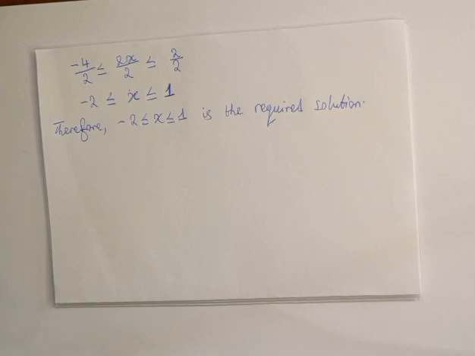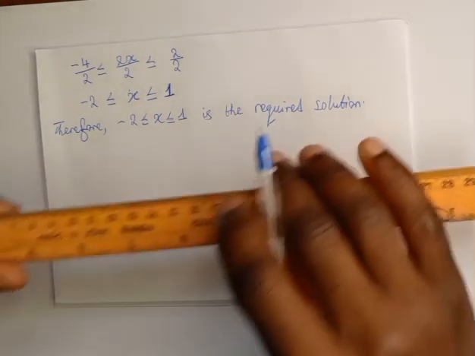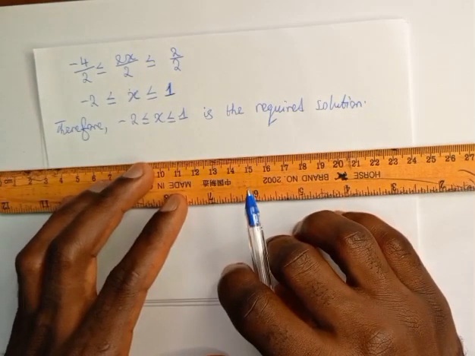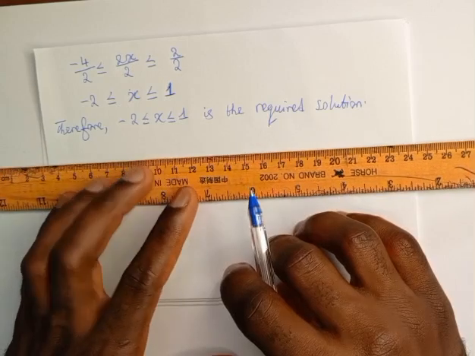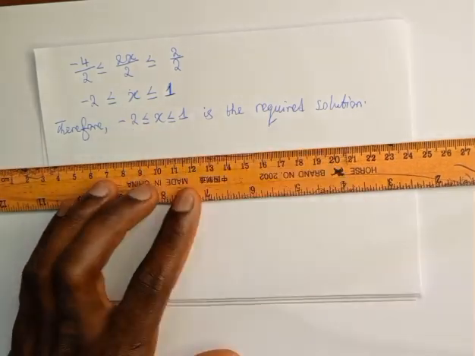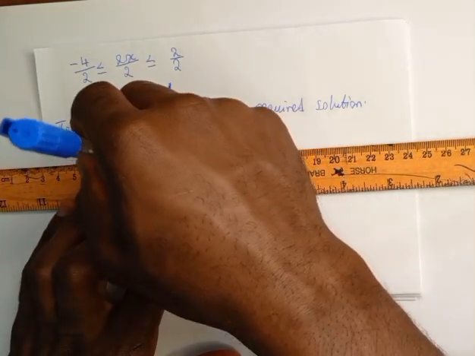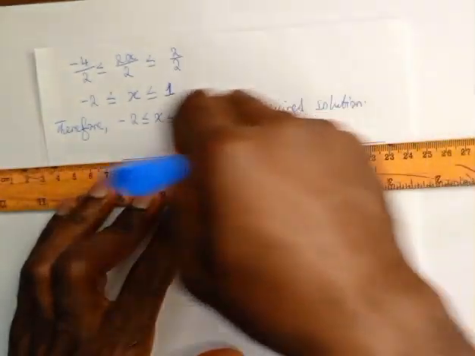Now let's represent the solution on a number line. Let's draw a number line. In this case, the boundary values are negative 2 and 1.